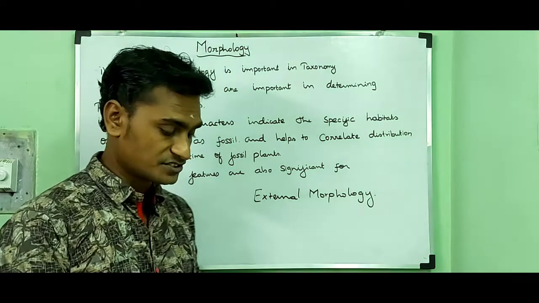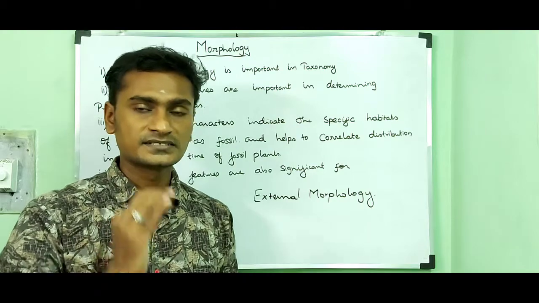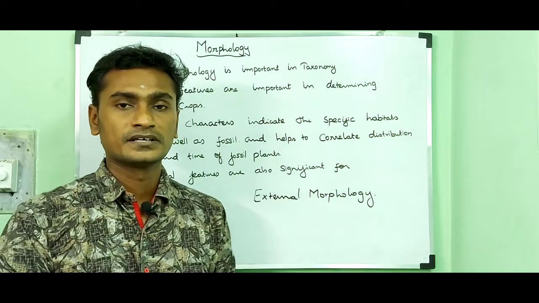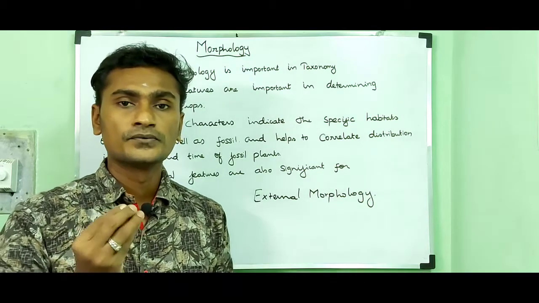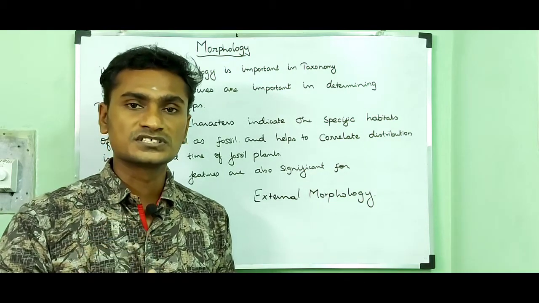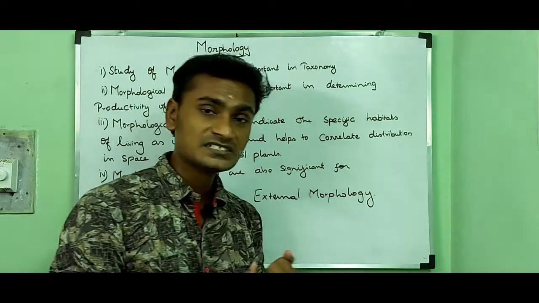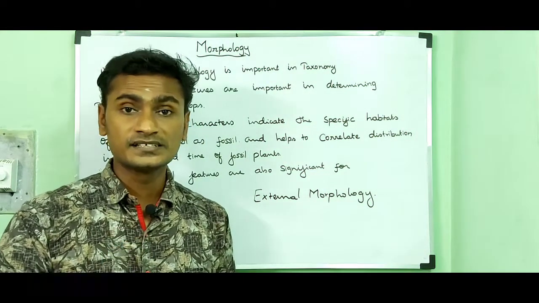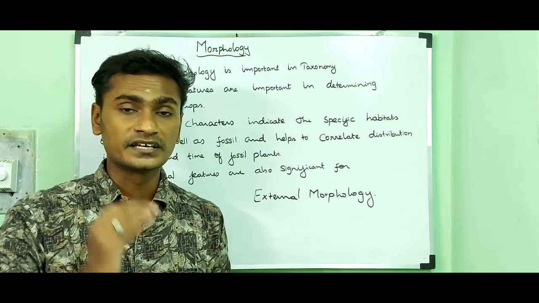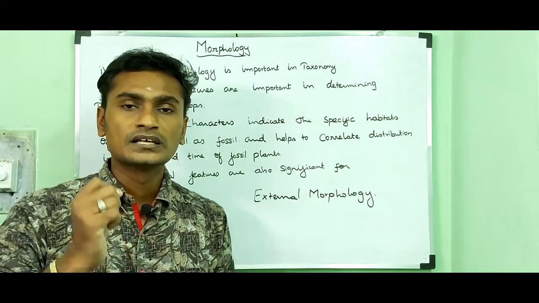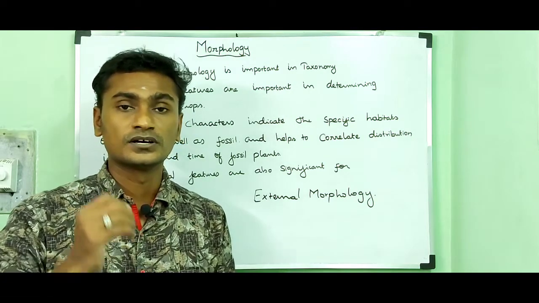The external morphology deals with the study of size, shape and structure of the plants and their parts like seed, flower, fruit, root, stem, leaves.